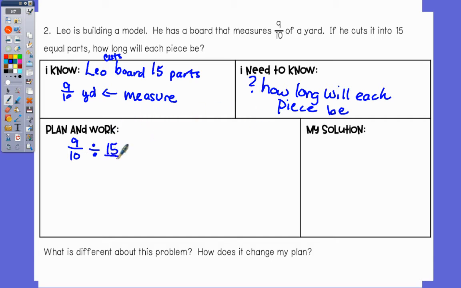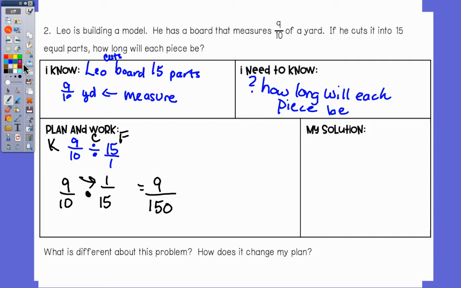Okay, so write that as a fraction. We're going to keep our first number the same. We're going to change to multiplication, and we are going to flip our last number. We're going to multiply straight across, and I get 9 out of 150.